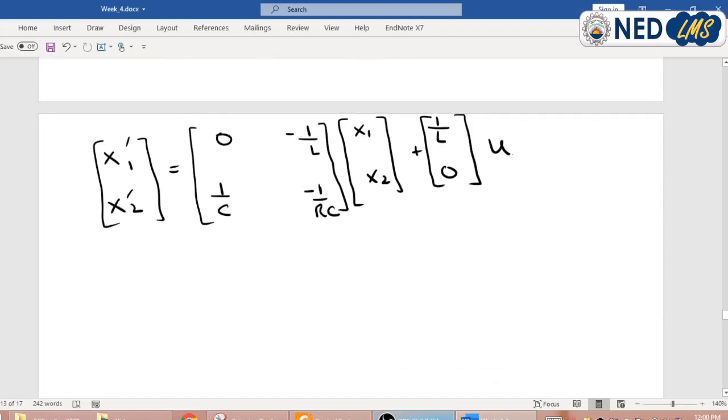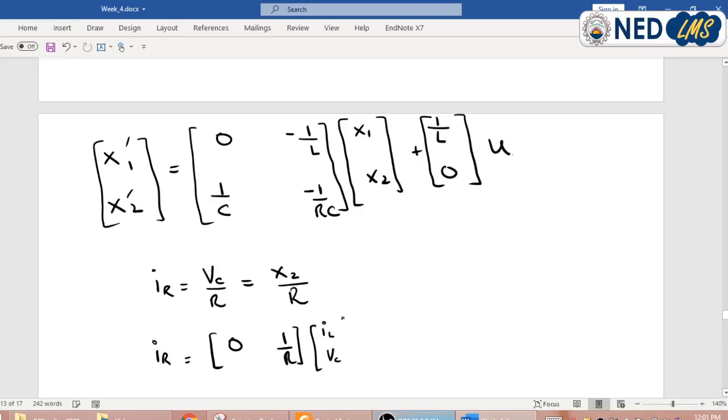Here the output equation, the output value is IR, which is equal to VC over R. VC is basically x2, so x2 over R. So I can write my output IR depends on x2, not on x1, not on the inductor current, and this is 1 over R. Basically this is IL, this is the capacitor voltage, this is basically this equation.